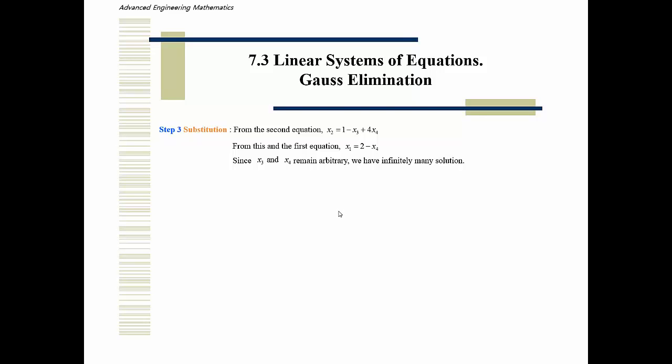Since x3 and x4 remain arbitrary, we have infinitely many solutions. If we choose a value of x3 and a value of x4, then the corresponding values of x1 and x2 are uniquely determined.